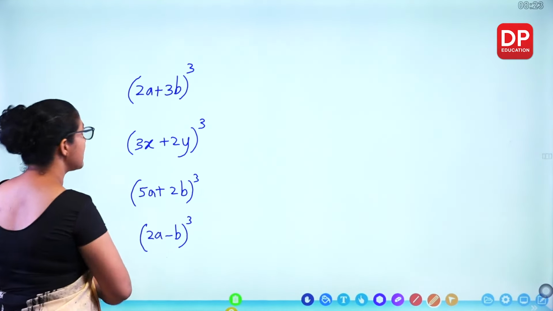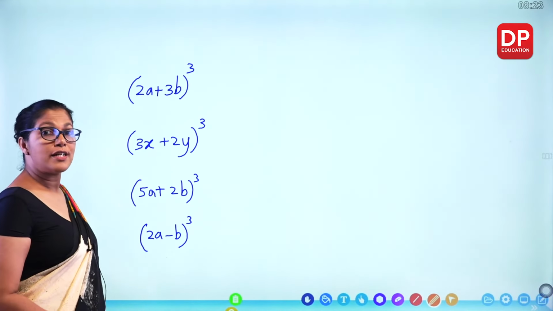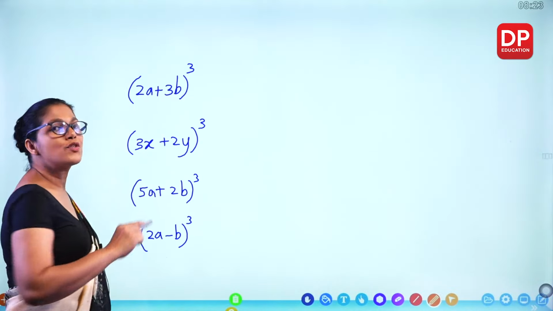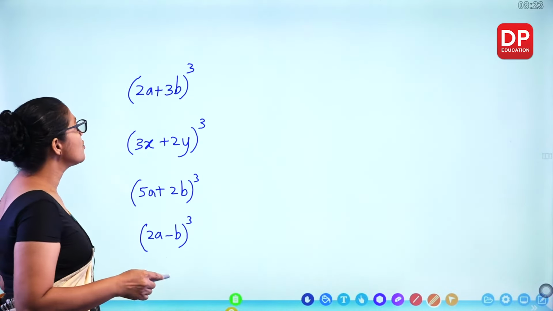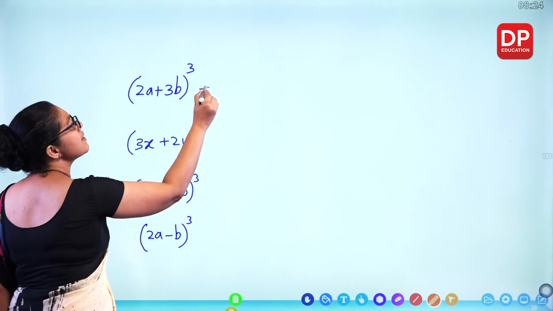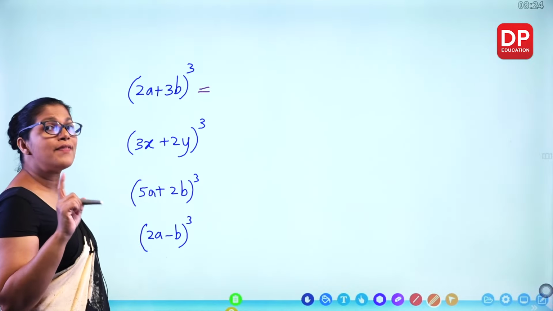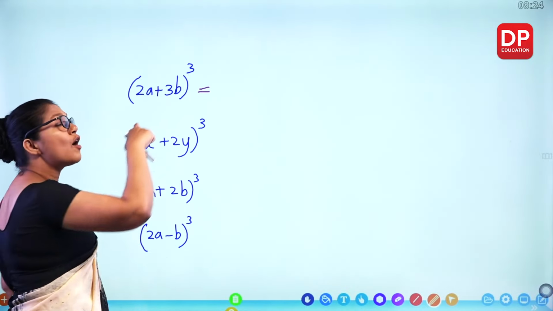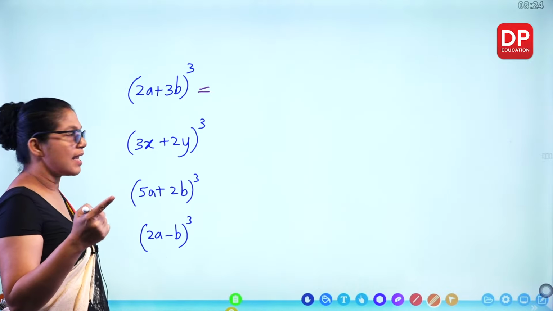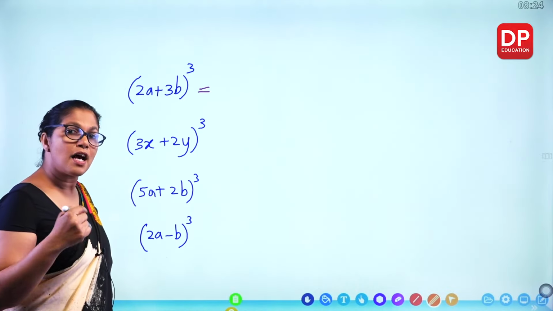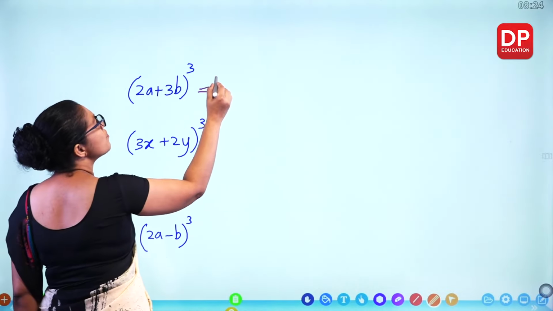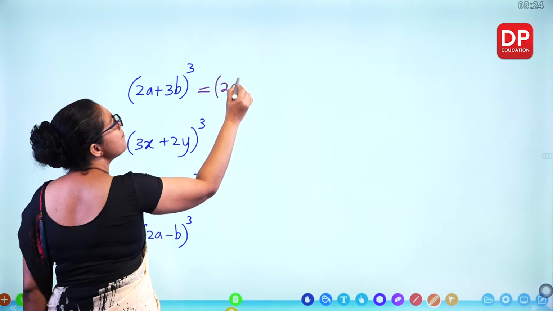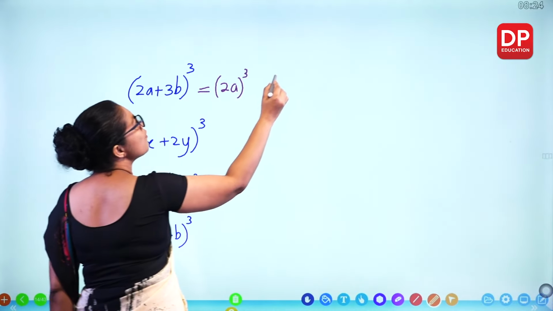Now we'll look at more expansion. Now you get coefficients as well. So how we use the pattern that we observed. Make sure that you put brackets for the whole term. So the first term is now 2a, not just a. Second, last term is 3b. So we'll use brackets. First term cube. Then what happens?